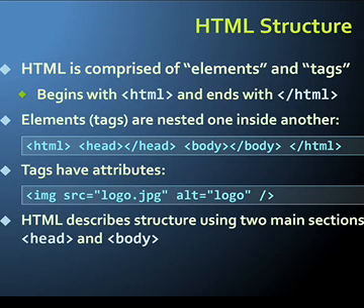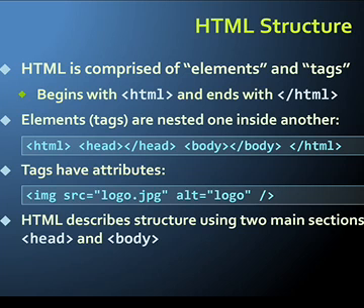HTML structure is a sequence, in one by one order. HTML is comprised of elements and tags. It begins with the html tag and ends with the same html tag. See the difference between the opening HTML tag and the closing HTML tag. At the end of the tag, we use the slash.